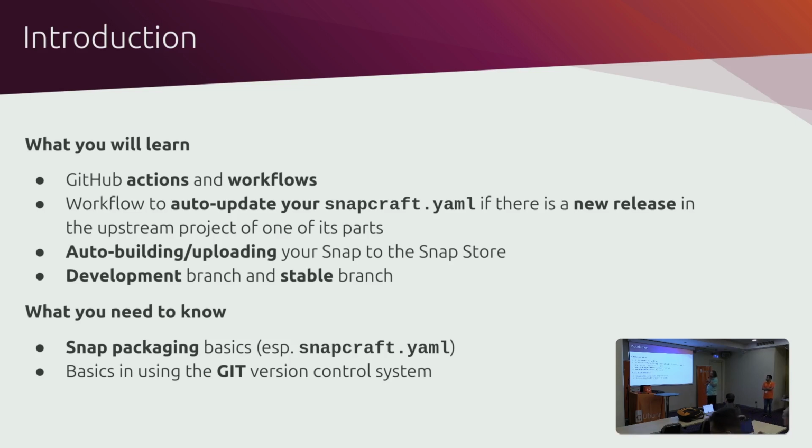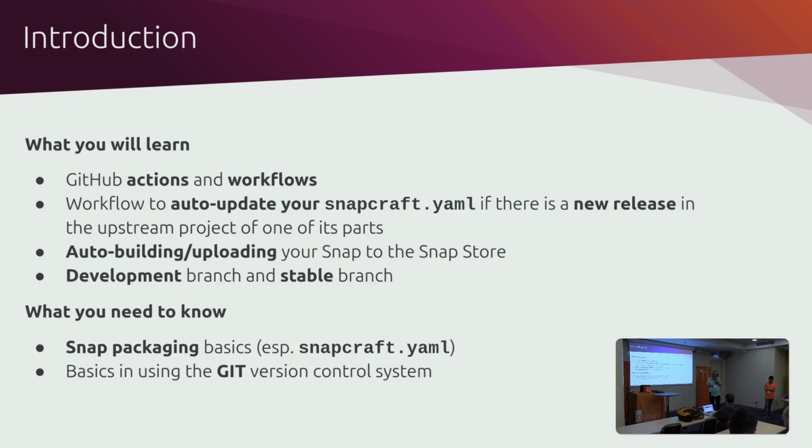You will learn how to update your Snapcraft YAML on each new release of one of your upstream sources, and also auto building and auto uploading, so that on each commit you do into your GitHub repository of the snap, the snap will be automatically built on a build server, Launchpad, and after that, the resulting snap uploaded into the Snap Store.